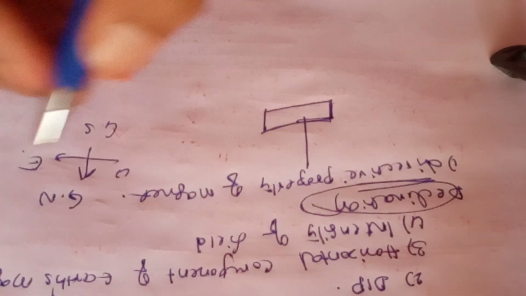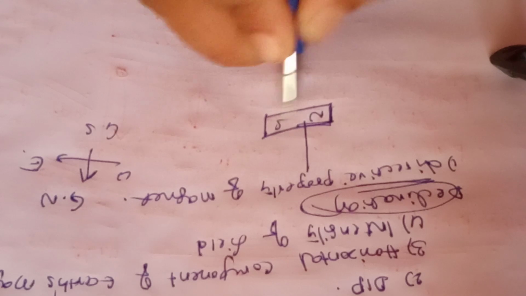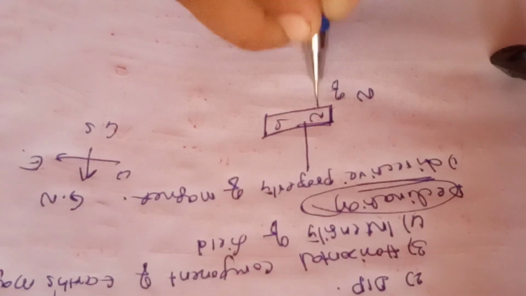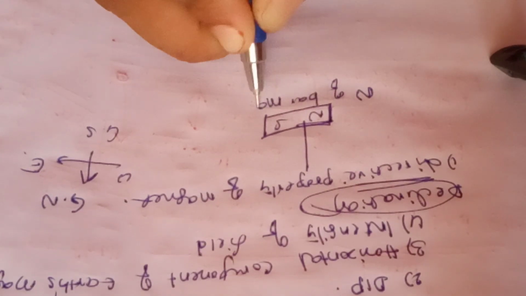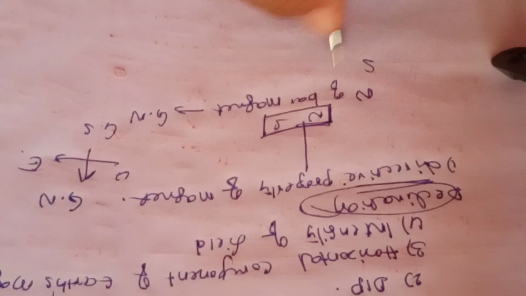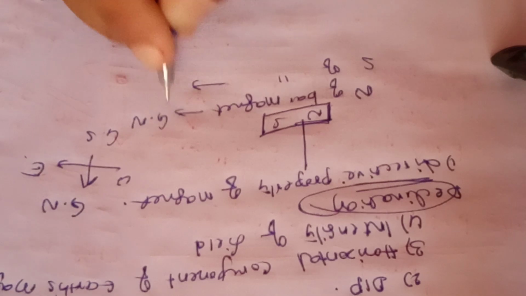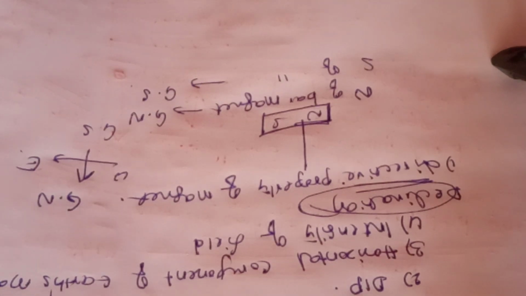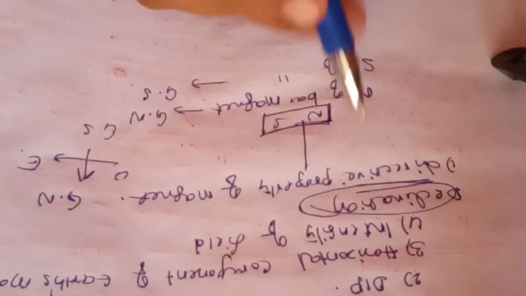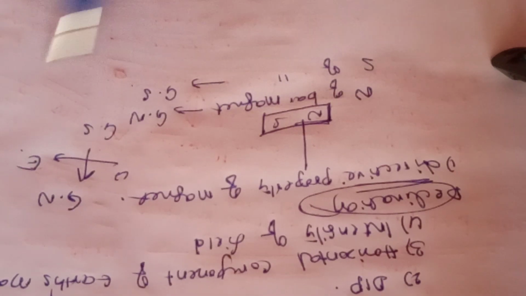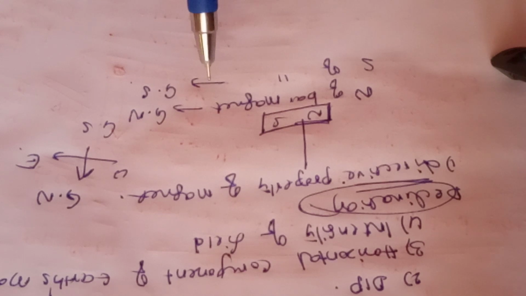So rest position means, the north of bar magnet will face geographical north, south of bar magnet will face geographical south. So at any place on the Earth, if you do this, you will see this situation only.